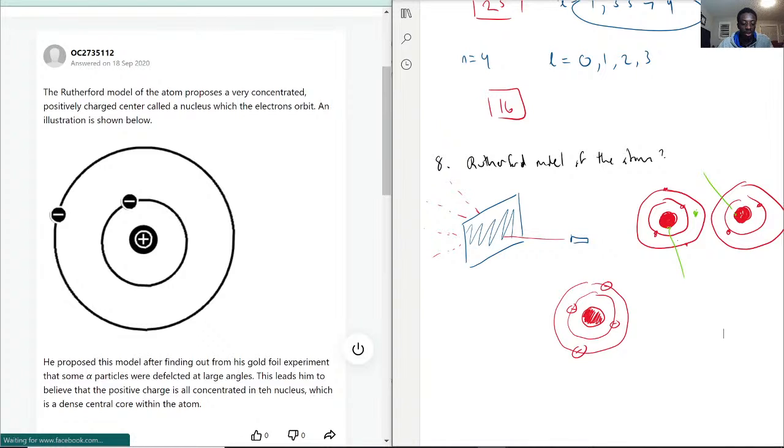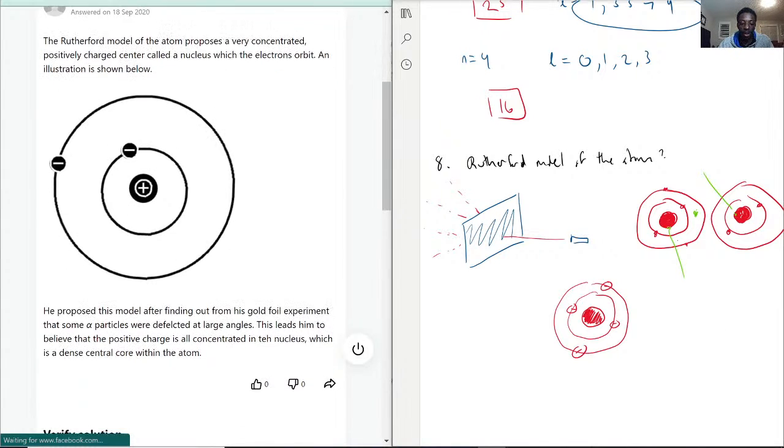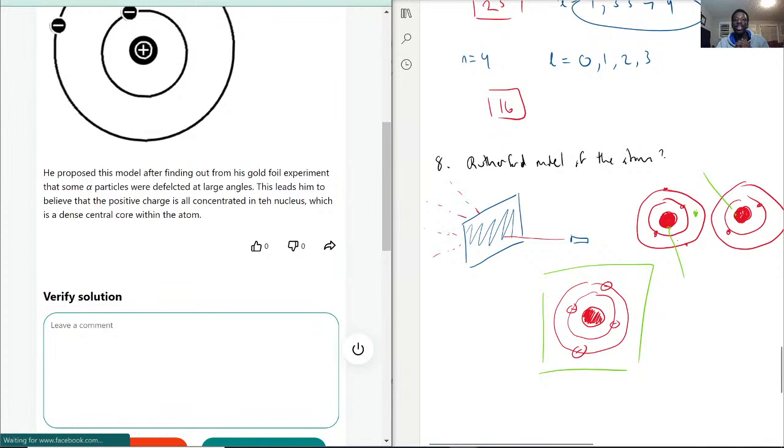So he was doing the gold foil experiment, exactly. He was shooting some particles through, and then he realized there was a dense core in there. So that is how he found that, and this would be an example of the Rutherford model of the atom. But the key thing to understand is how he got his model, which is through that gold foil experiment.